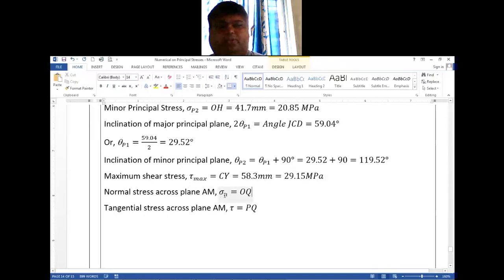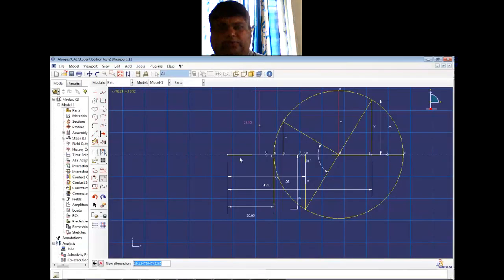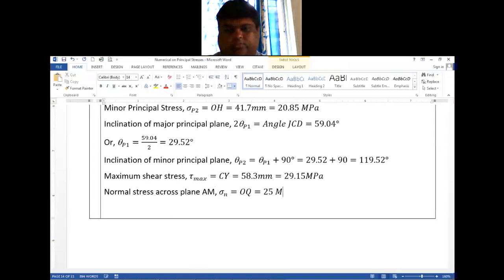Now the normal stress for Q. So this is Q from here to here. I have to measure the dimension. So from here to here, this is 25 megapascal, or it should be 50 mm.